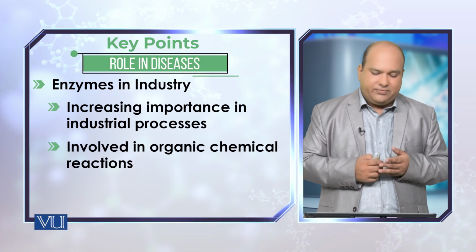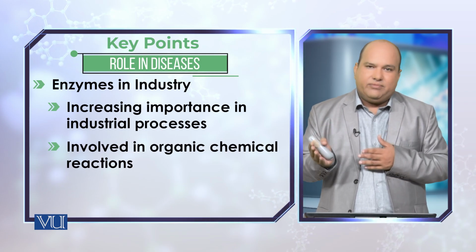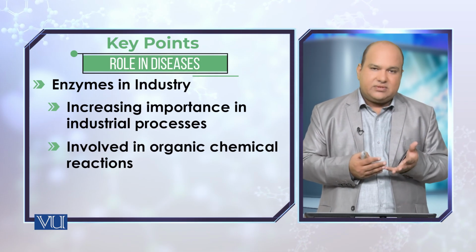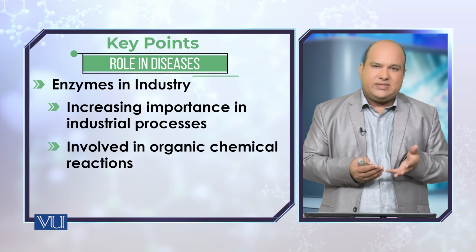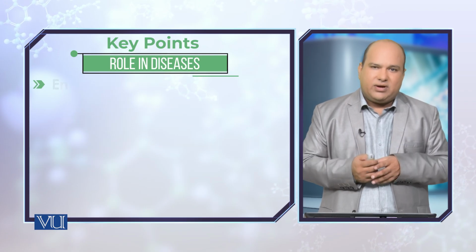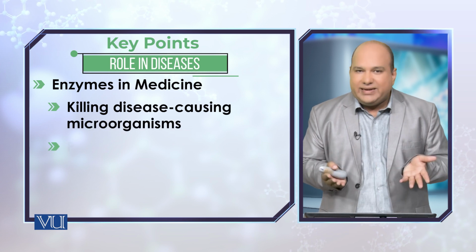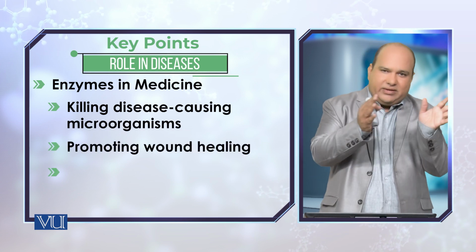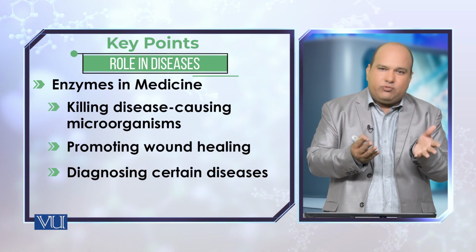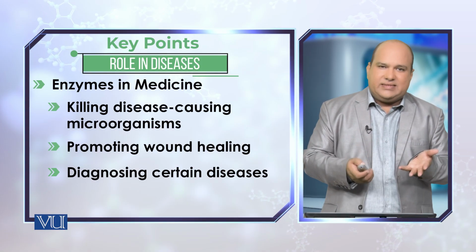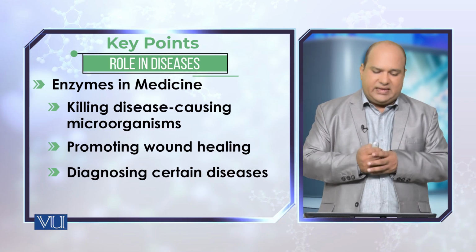Then in medicine, of course, you can engineer enzymes. You can make use of enzymes which kill microorganisms. They promote wound healing. Whatever processes are involved in the healing of a wound, of course, they cannot happen without the support and action of enzymes.